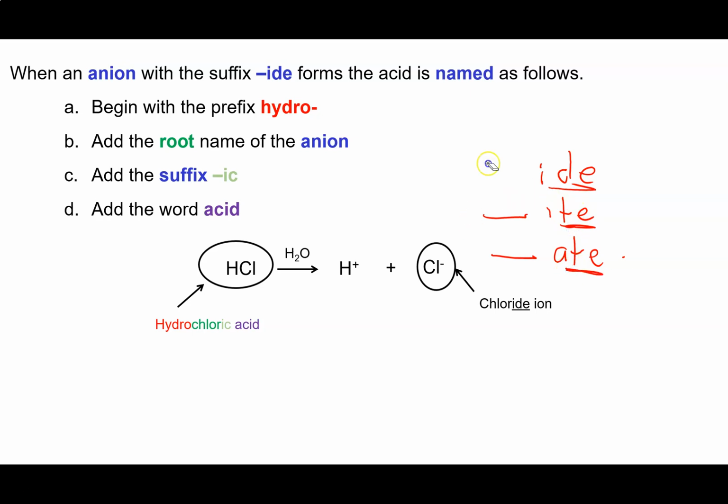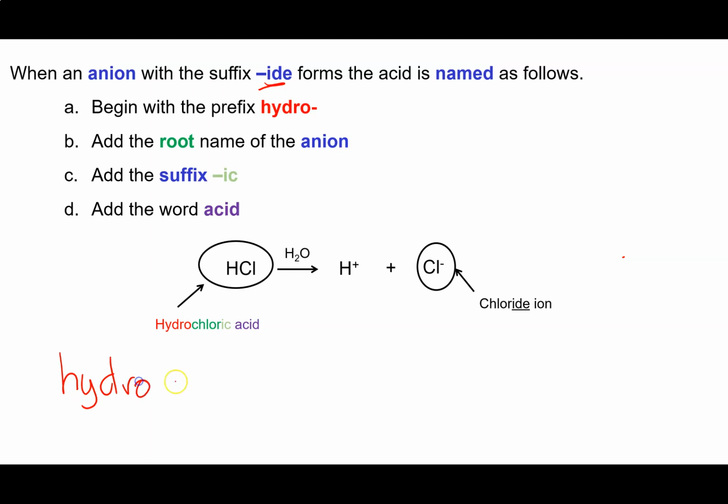The most complicated one is when the name of the anion ends in IDE. When that's the case, we write the prefix hydro, then we give the stem name for the anion, then we end it with ic, and finally we follow it up with the word acid.